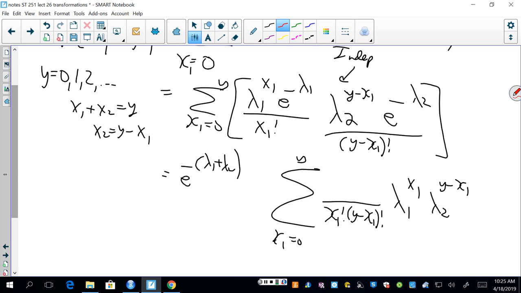So it kind of looks like this, in another example, the binomial theorem, this binomial equation. A combinatorial, like y choose x1. Remember that x1 is less than or equal to y because of that. If you put y factorial in here, and then you put 1 over y factorial here, it's starting to look like a Poisson. You need an e to the negative of the rate, and you need 1 over y factorial here.